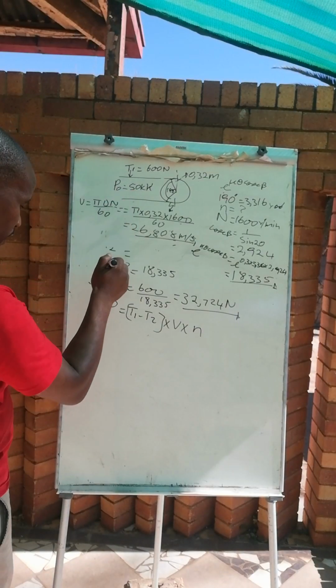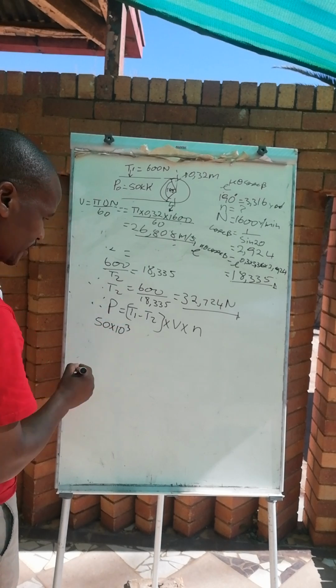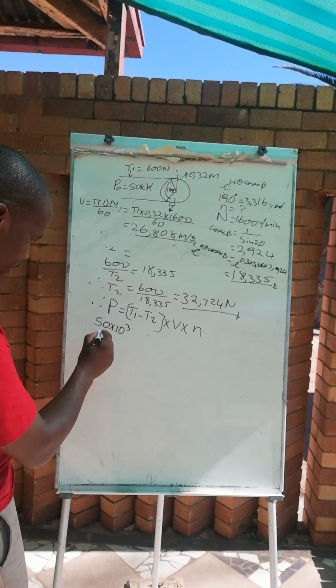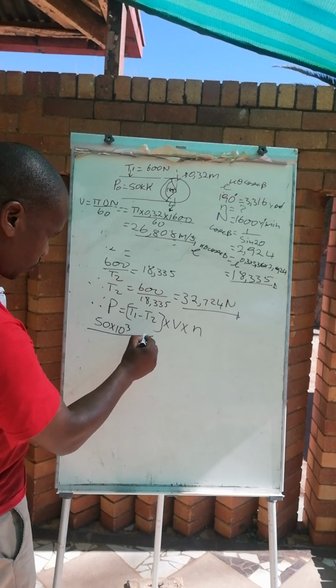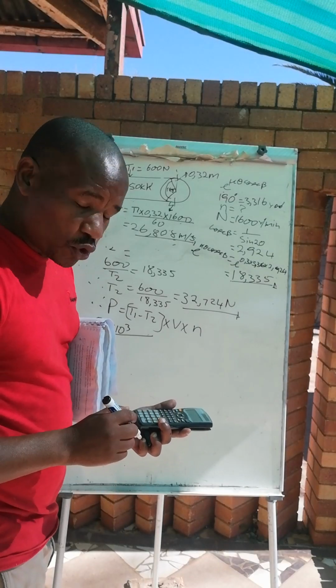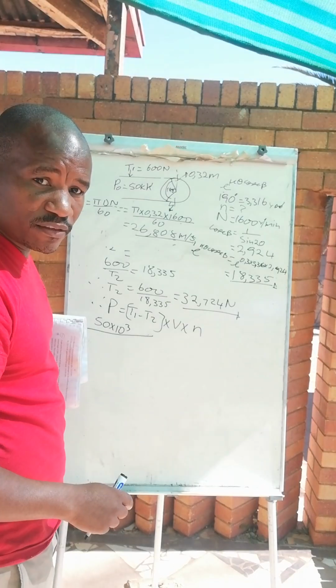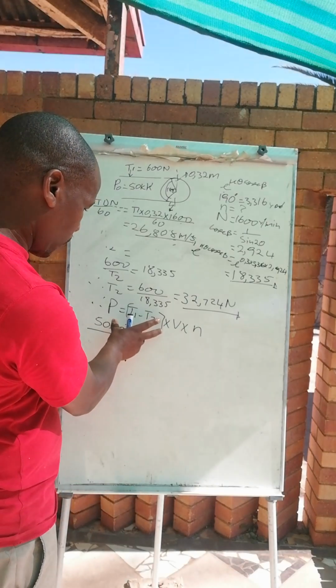You are given an output power of 50 exponent 3, divided by what? Let's divide already. You were trained during your high school days how to manipulate something to make it the subject of the formula. You can't have a problem there.